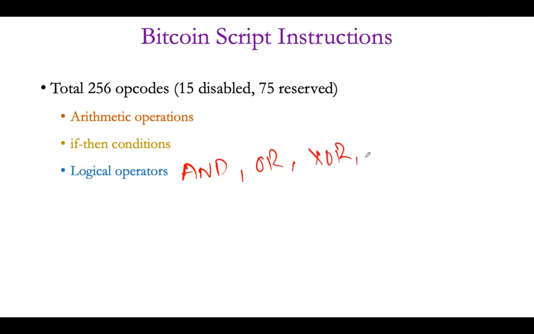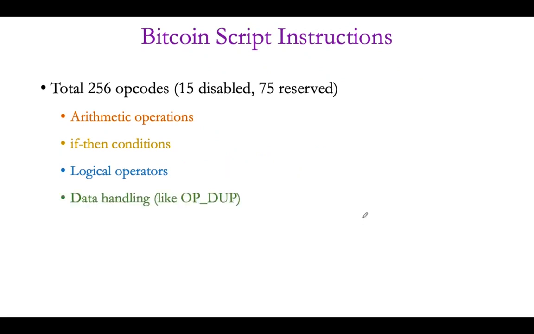You will have the NOT operation, NAND operation. Like that, you will have multiple logical operations and the data handling instructions. These data handling instructions are like duplicating the data. Here the public key is duplicated, right?